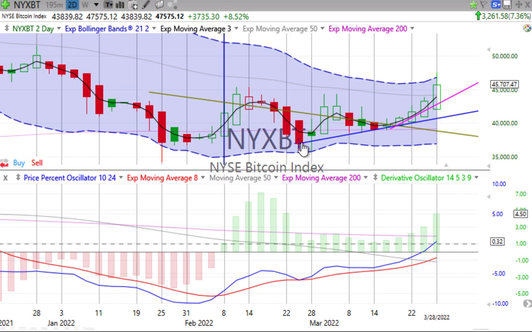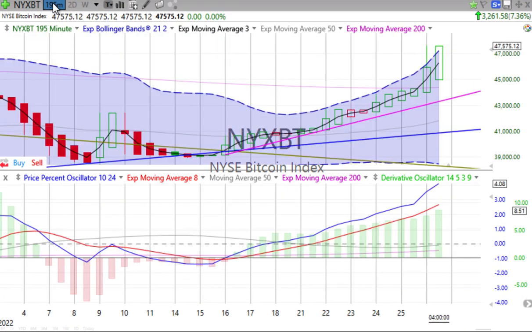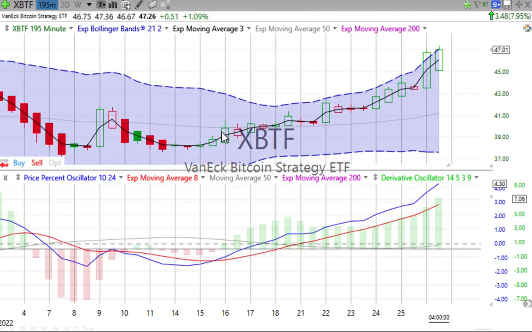Went up, then down, then up again, then down, and here lately been heading up nice and strong for the last 8 days. Price percent oscillator spiking up, derivative oscillator gaining lots of momentum. Hopefully by the end of the week, we'll have a weekly vertical crossover. What do we see on that half day? Well, let's look at the half day on something to give us more accurate figures.